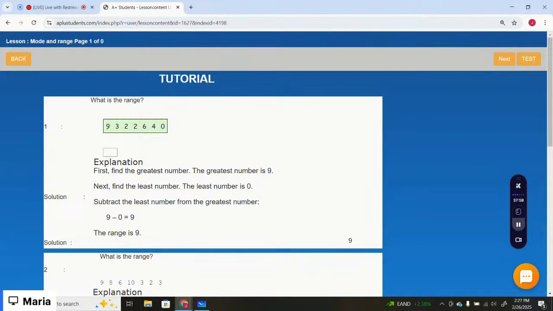What is the range? Range is the difference of the greatest and the smallest number in the given data.